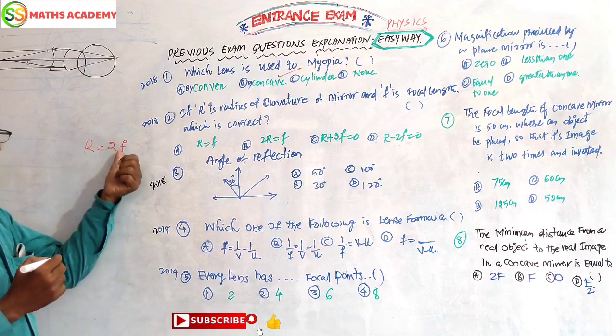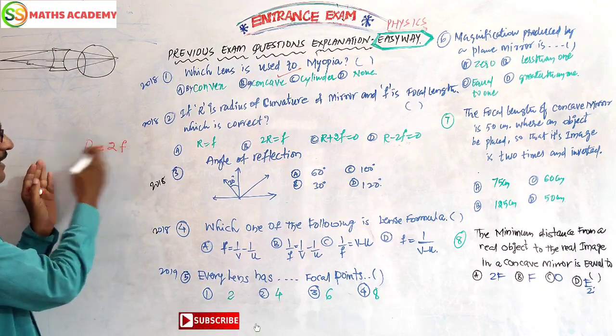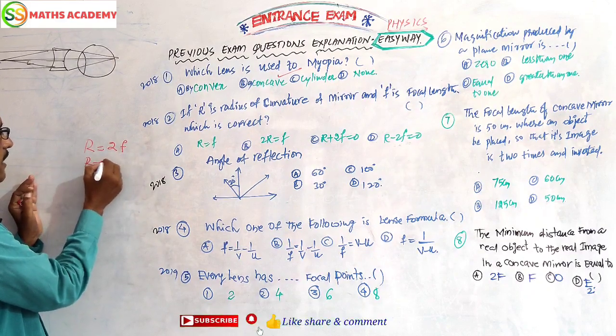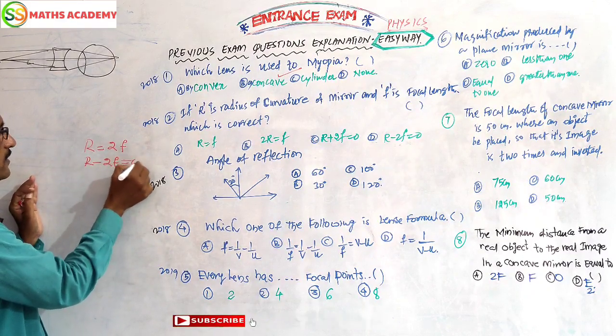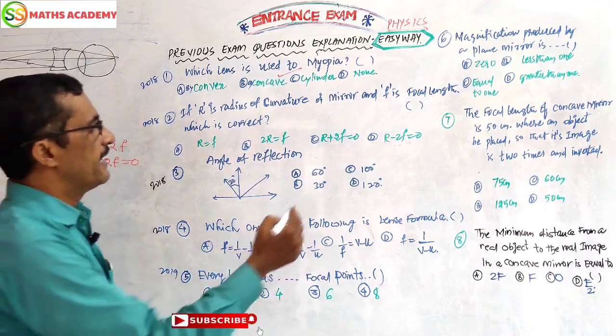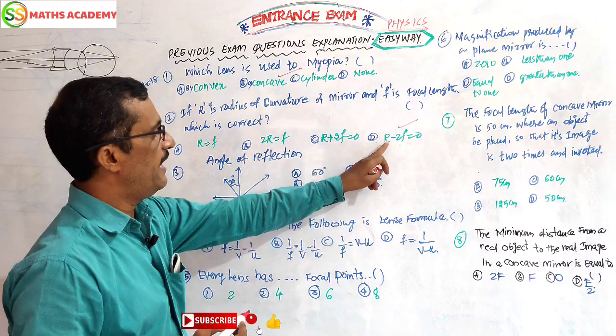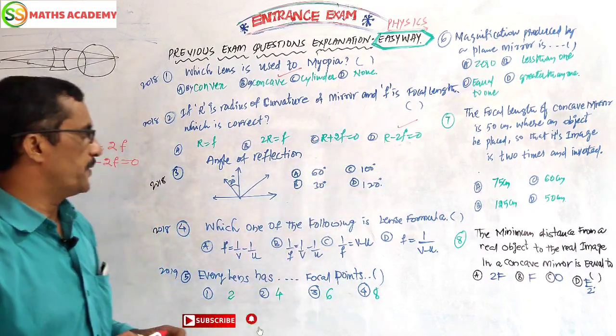This is LHS, this is RHS. Bring the RHS part to the left side, then you will get R minus 2F equal to 0. Here they give the answer in the form of an equation. That's why R minus 2F equal to 0.